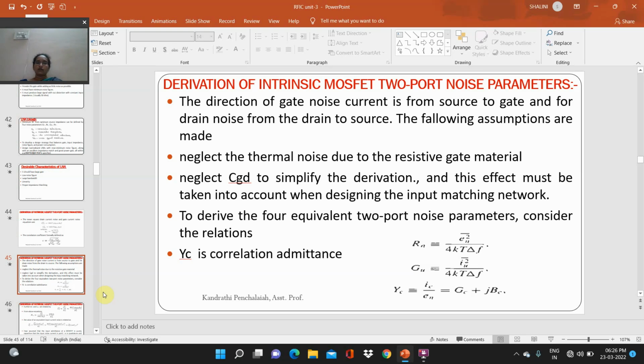To derive the four equivalent two-port noise parameters, consider the relations: Rn is equal to En square by 4 kT delta F, Gn is equal to In square by 4 kT into delta F, Yc is the correlation admittance, equal to Ic by En, which is Gc plus jBc.